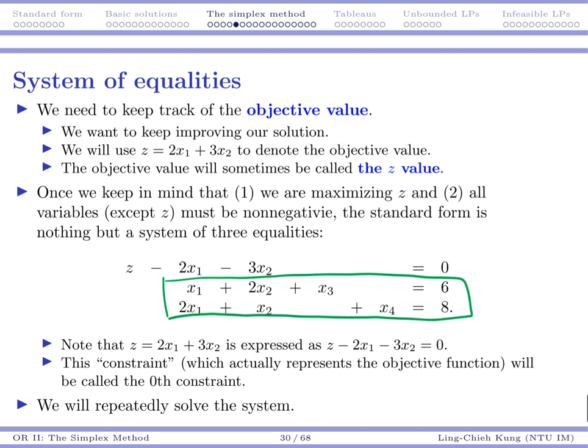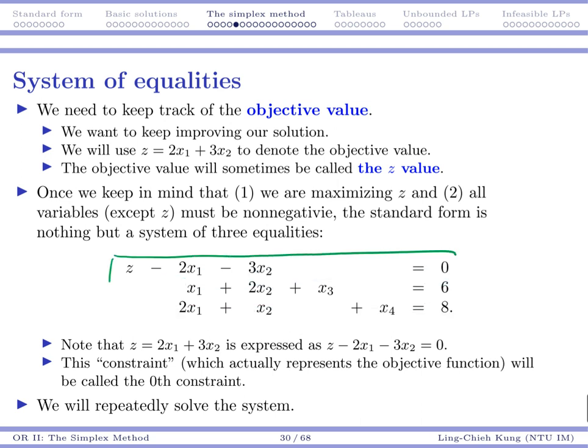Okay, so they are nothing different. They are nothing special. We simply add the first one, z minus 2x1 minus 3x2 equals 0. This is going to be, again, another equation that must be satisfied throughout the whole process. Whatever x1 and x2 you have, somehow the z value must satisfy this equality.